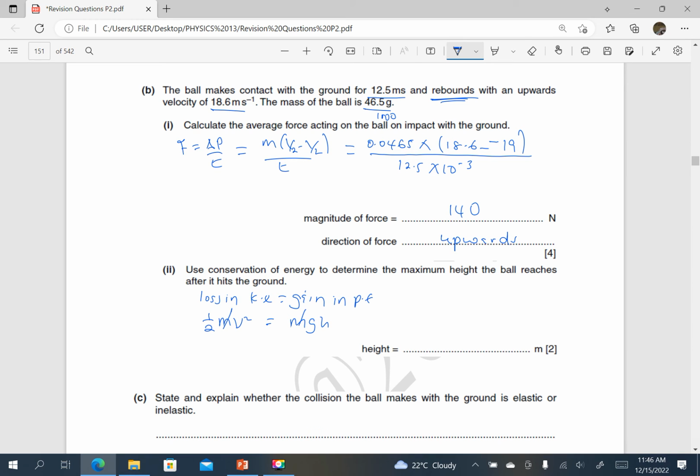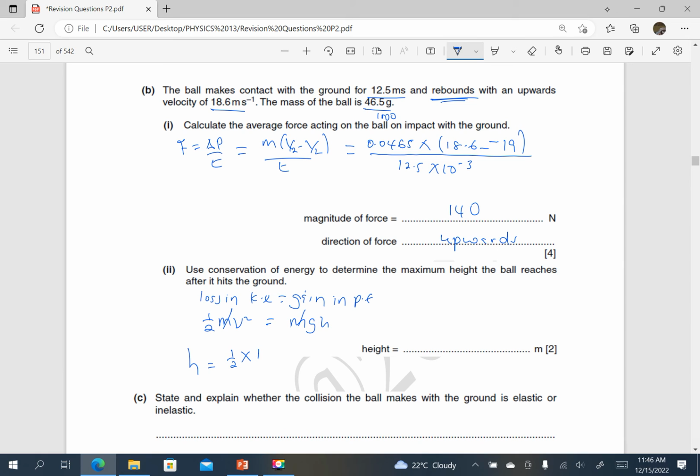So m has cancelled. So I just substitute. I know that h is going to be a half times v squared over g. Of course, it moves upwards with velocity 18.6.